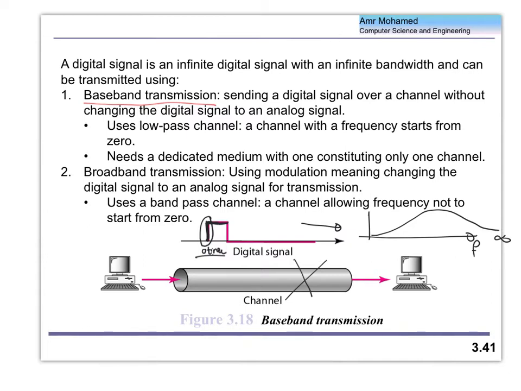All types of transmission medium have a low pass or band pass filter effect. In other words, whether it's low pass or band pass, these high frequency components are removed.